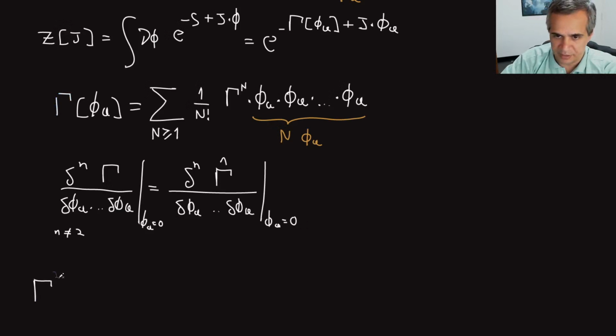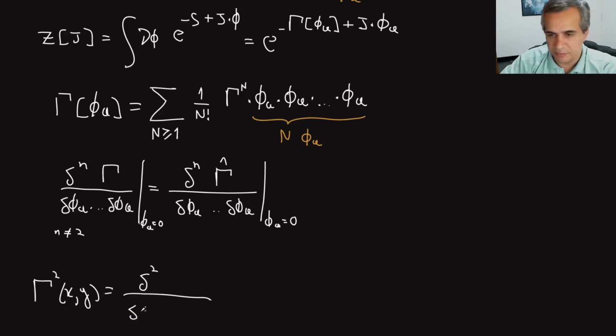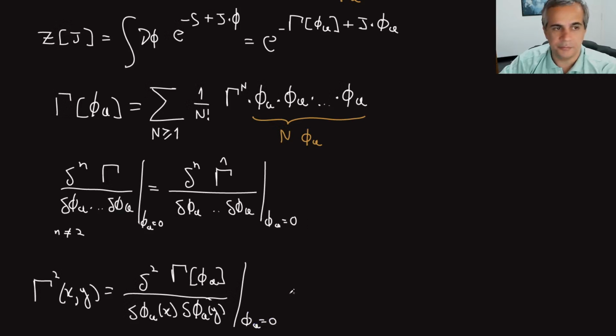There's a gamma 2 that depends on x and y, which is defined as the second derivative, with respect to phi classical of x and phi classical of y, of the effective action, after I take phi classical going to 0.